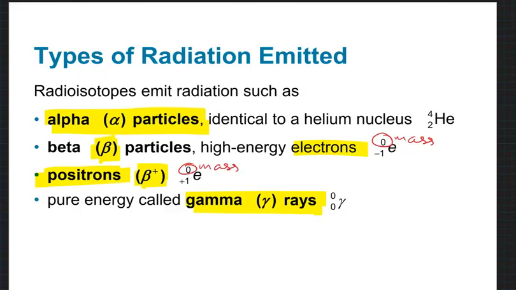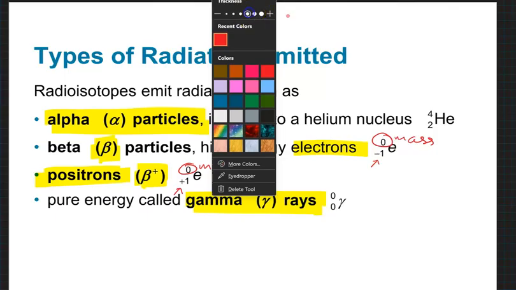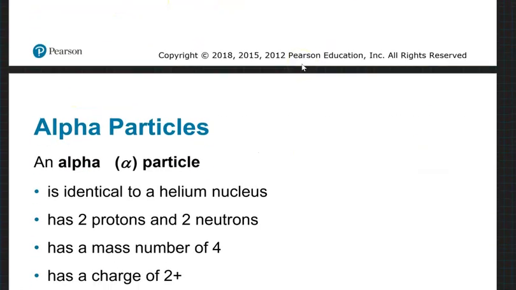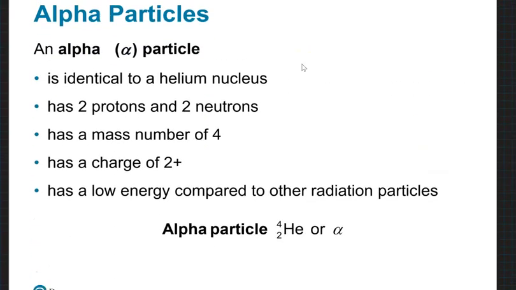But there is a charge at the bottom. -1, +1. And finally, you look at gamma rays, and what does it tell you? It tells you that the charge is 0 and the mass in a conventional way is also 0. Questions? We good? Okay.